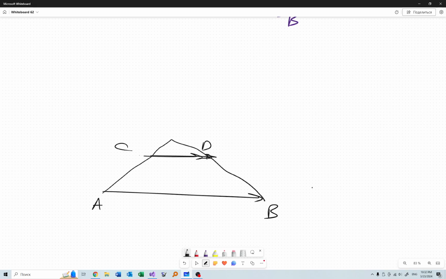So we have 4 angles. From CB to AD, nothing. Then from AD to AC. Actually, in this case, let's go clockwise. So from AD to BC, nothing. To CB, nothing.